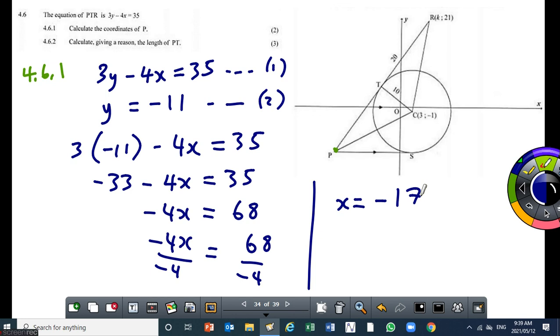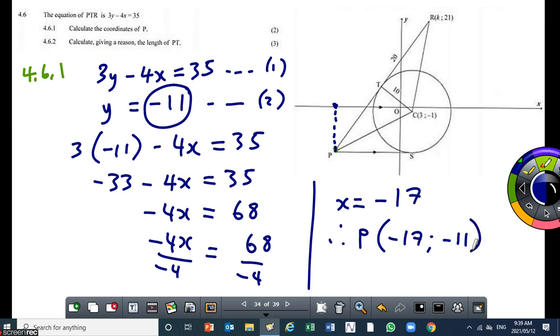So the x value here, this point here, will be negative 17, which is in line with where the point is in terms of quadrants. This point here is in the third quadrant, and in the third quadrant, x is negative. Once I get the x value, I want the coordinates of P. I know that the value of y here is equal to negative 11. Therefore, I'll say point P, x is minus 17, and y is negative 11.